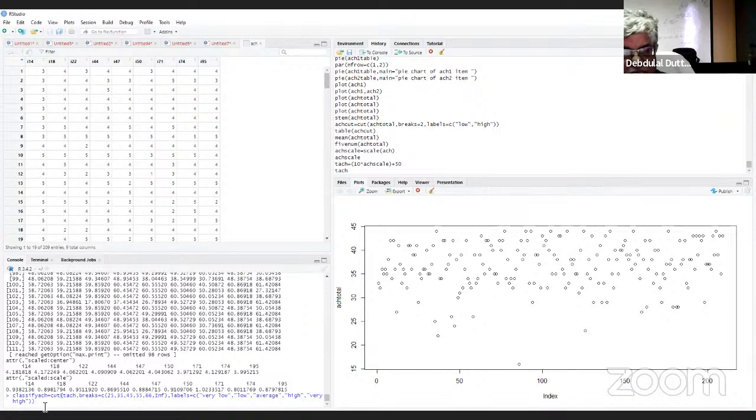So in this way, I am breaking the T-scores in this range, 25 to 35, 35 to 45, and it goes on, and we are labeling it as very low, low, average, high, very high.